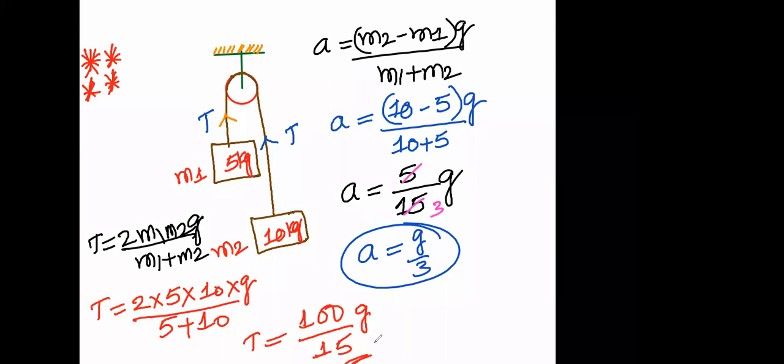This is the tension. Other methods are also there, but we cannot discuss all of them now. So this is the direct formula I have used. This is for this pulley problem.